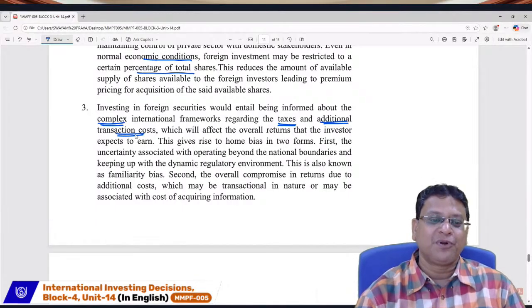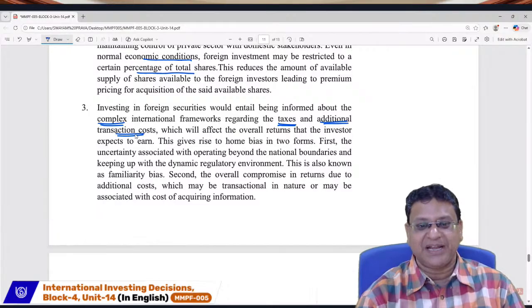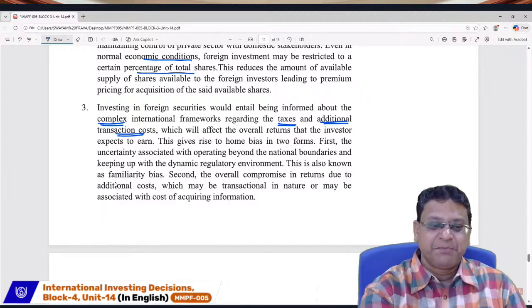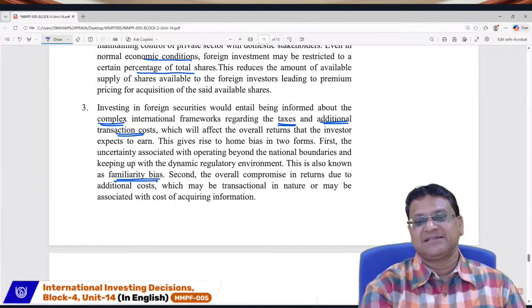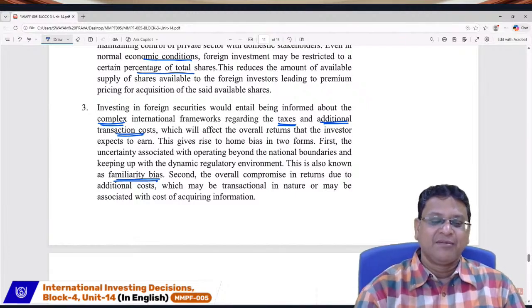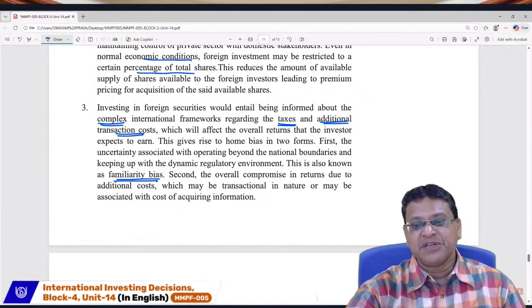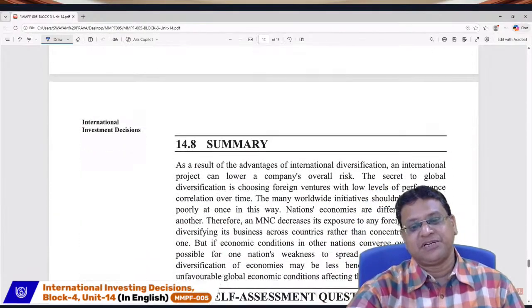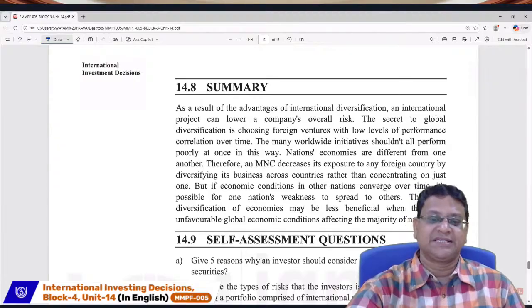Therefore, people prefer to invest in their domestic market rather than the foreign market. This is also known as familiarity bias. So these are the reasons why people are more interested in domestic market investment than foreign market investments. This is known as home bias.